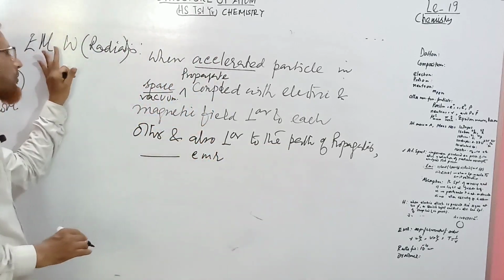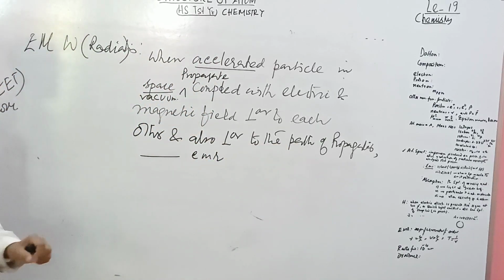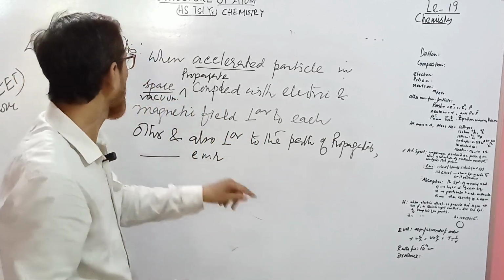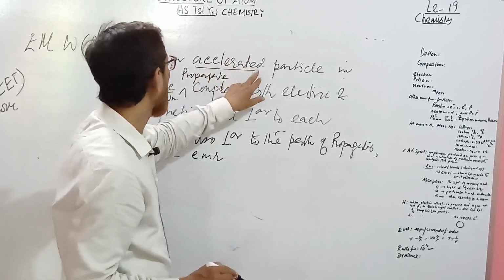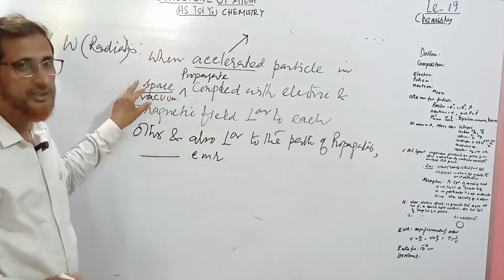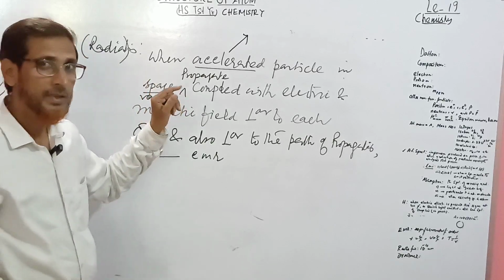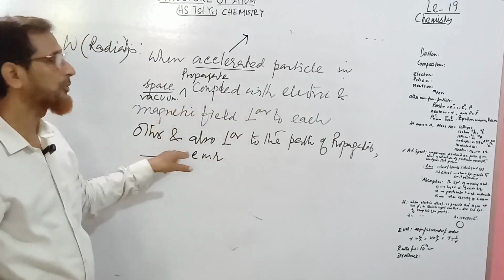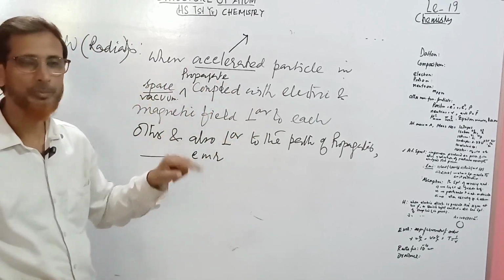So electromagnetic waves are waves generated from an accelerated particle and propagate in space or vacuum.